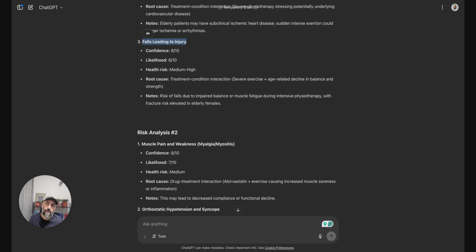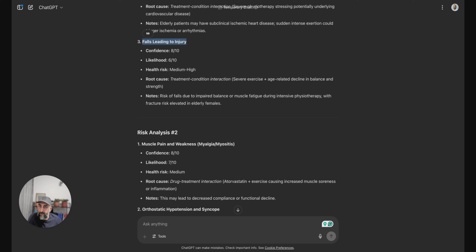To wrap up, I decompose the risk factors into an actionable list of root causes, and I try to guide physicians to understand these risks better with terminology that they are comfortable with.